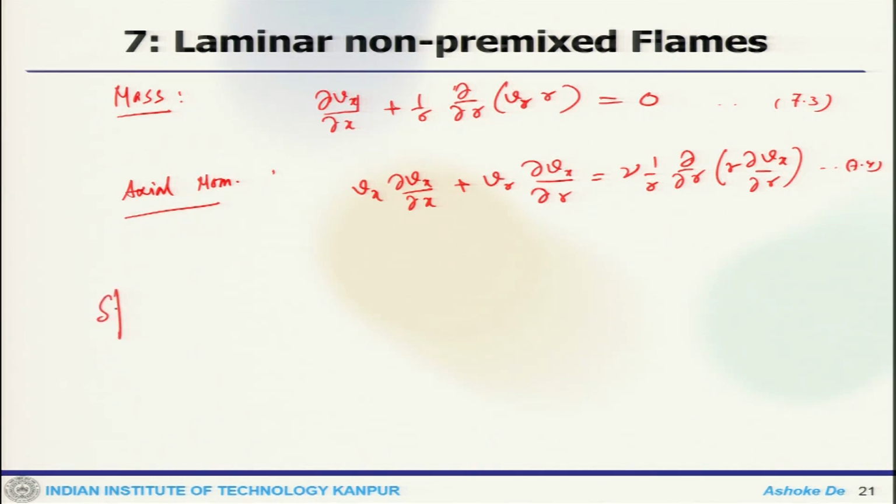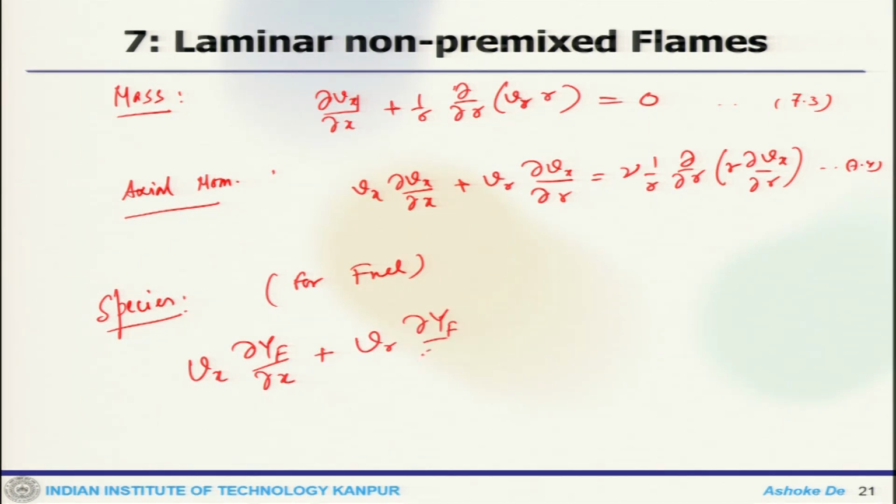And the species conservation equation, that is only for fuel, which will be Vx del Yf by del x plus Vr del Yf by del r equals D times 1 by r del by del r of (r del Yf by del r).